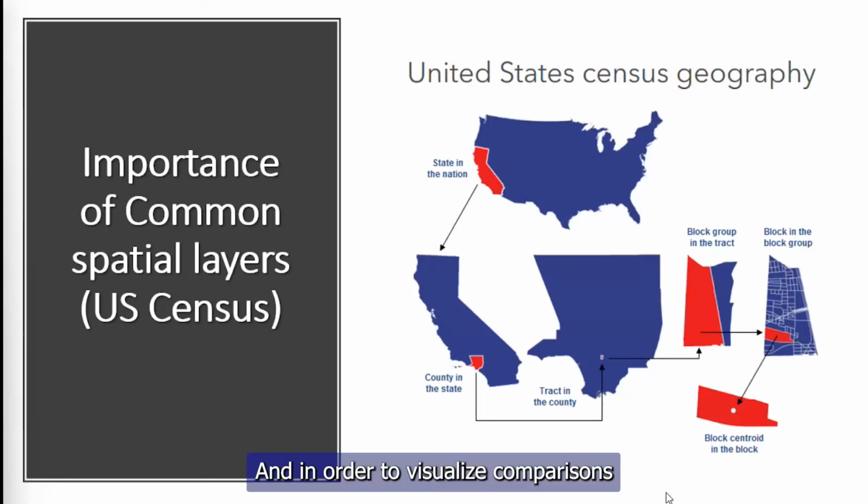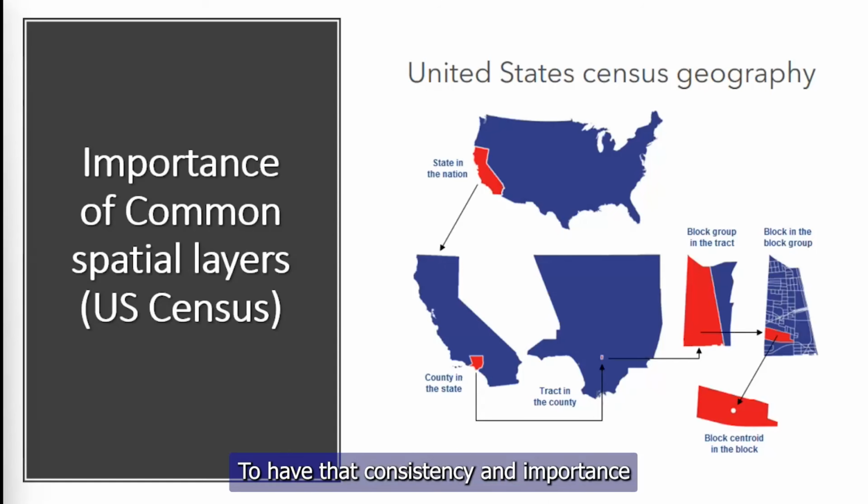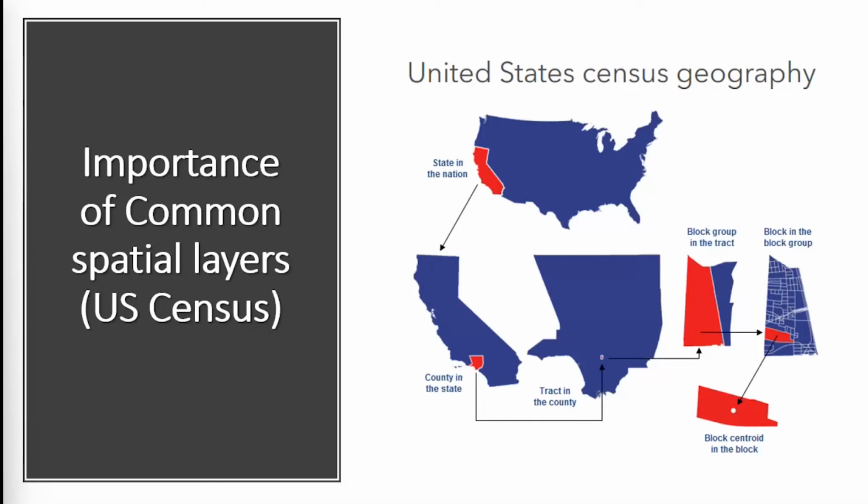And in order to visualize comparisons between different types of data, for consistency, RED displays at the county level. The majority of the data that is pulled is already at that county level, but an additional process was used, using counts and density, to display other data points as well that have that consistency and importance of that common spatial layer at the county level. Next slide, please.